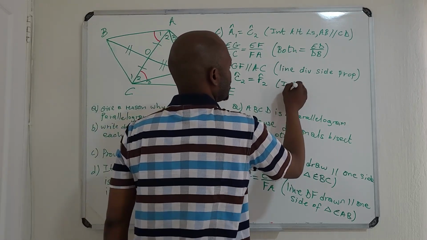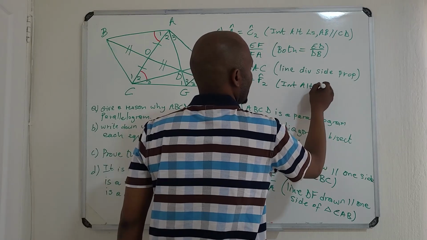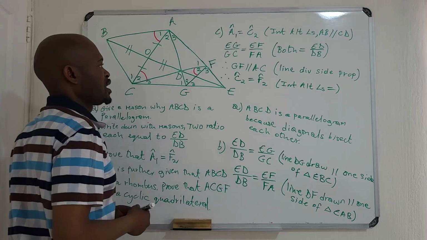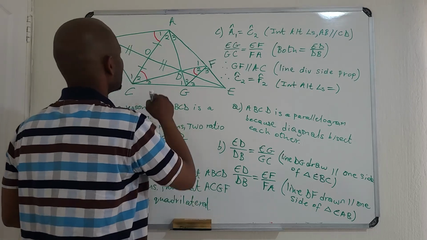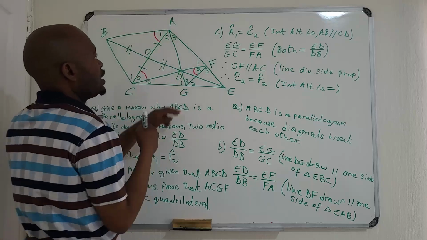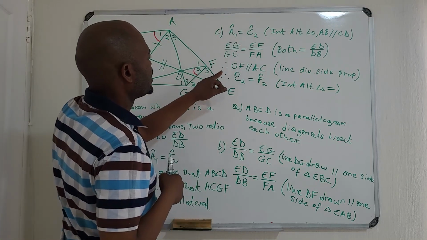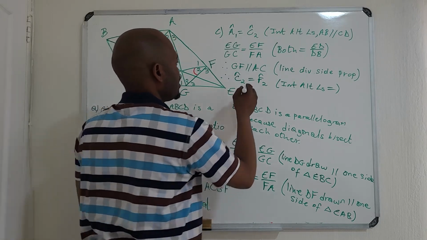Interior alternate angles are equal. That's why we're saying that. Now, we know that A1 is equal to angle C2 and angle C2 is equal to angle F1.